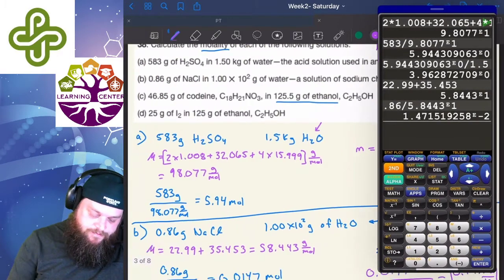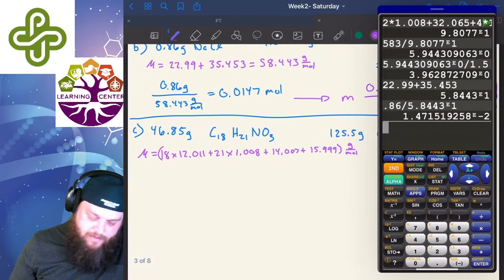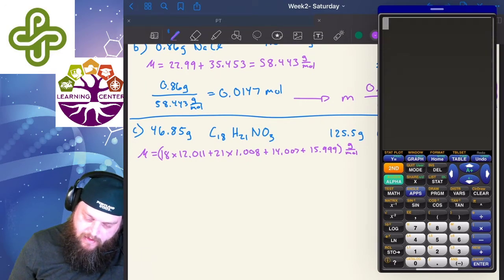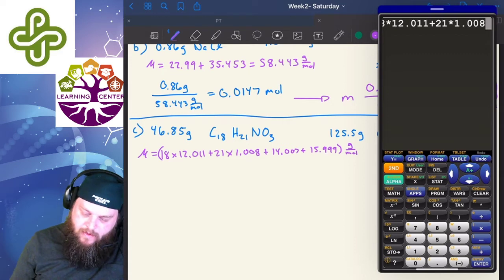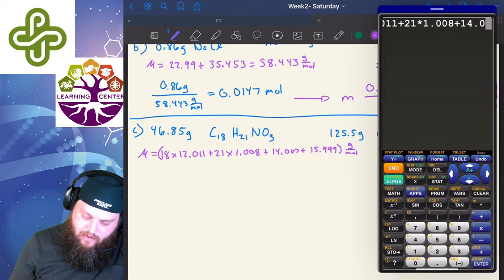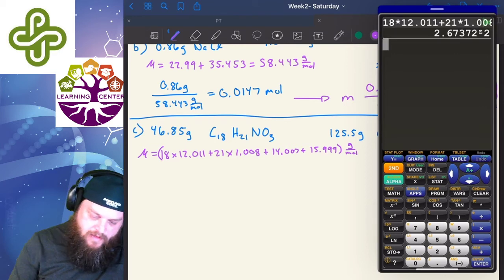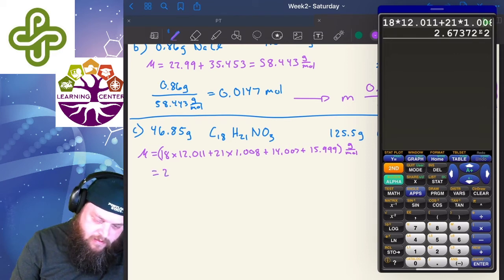So that's a lot there. Let's put it in our calculator. Make sure we do it right. 18 times 12.011 plus 21 times 1.008 plus 14.007. I missed the 0. Fix that. Plus 15.999. So that's going to be equal to 267.372 grams per mole.